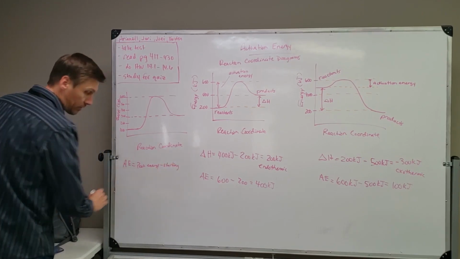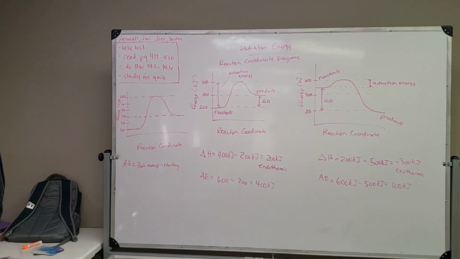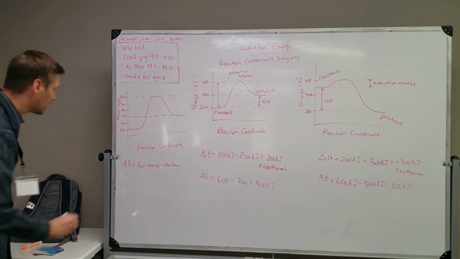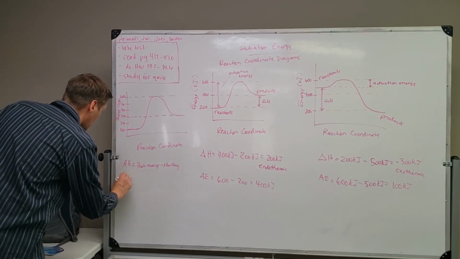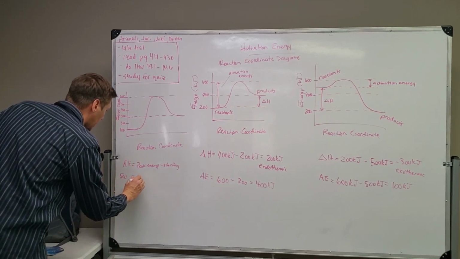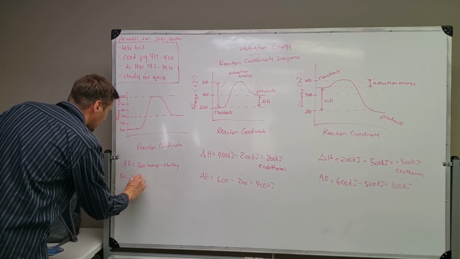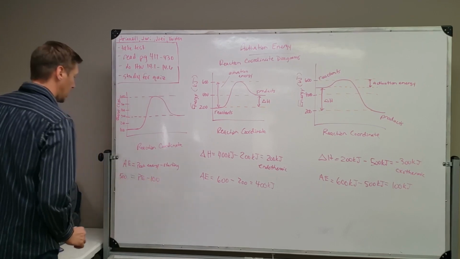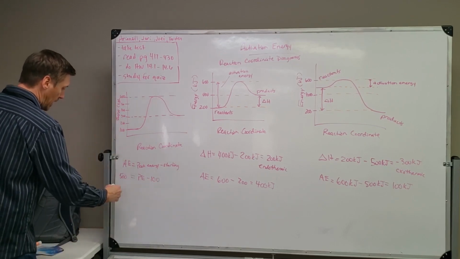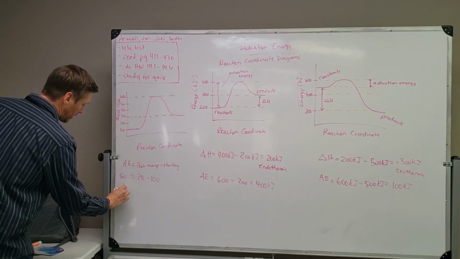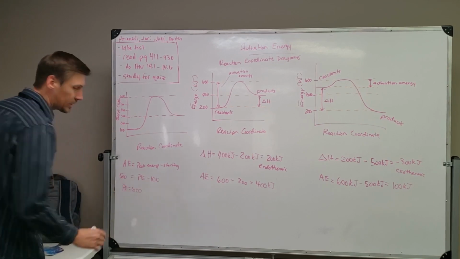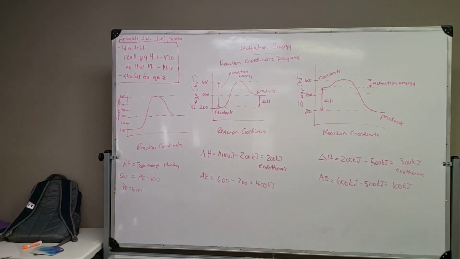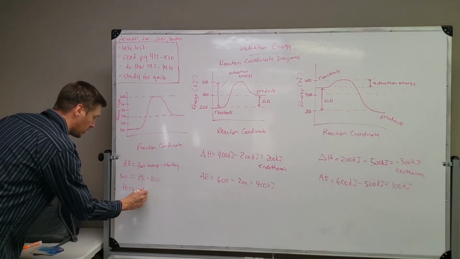And so they give us the activation energy to be 500, and some unknown peak energy, PE, we'll call it, minus the starting energy, which was 100. And so then we solve for PE by adding 100 to each side, and we know that the peak energy is 600. Right? So you could type that in.